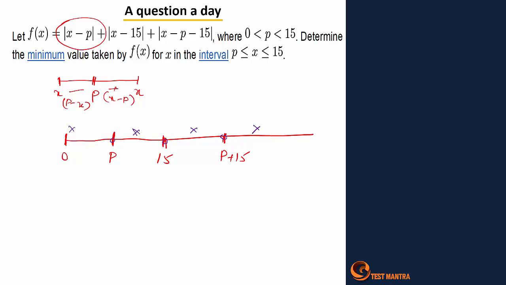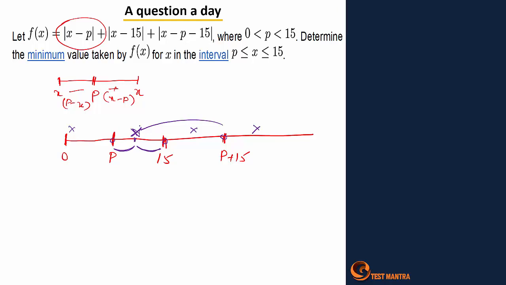So assuming that x is at this point, this represents x minus p, this represents 15 minus x, in terms of modulus also I can say x minus 15, and this also represents x minus p minus 15 here, right? Assuming that these are nothing but the distance traveled, I am assuming that I have 3 friends available.